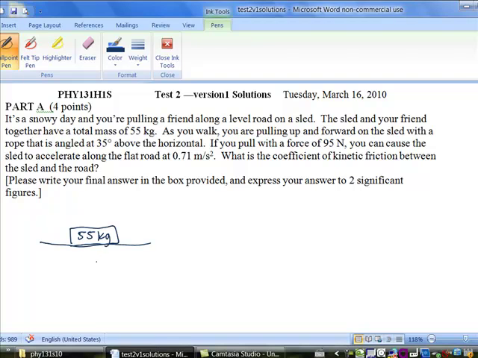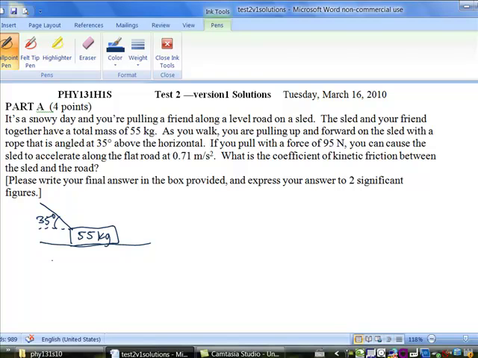So your friend and your sled are together in that rectangle. As you walk, you are pulling up and forward on the sled with a rope that is angled at 35 degrees above the horizontal. So there's the rope. There's your 35 degrees.